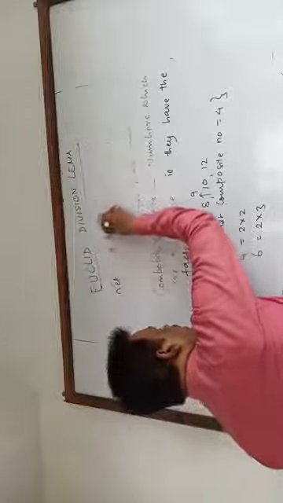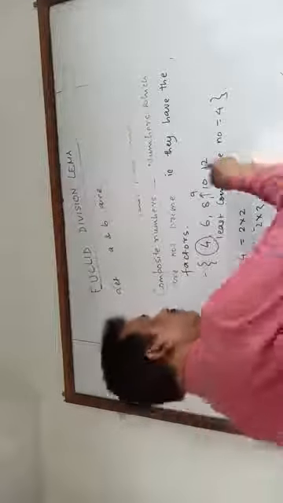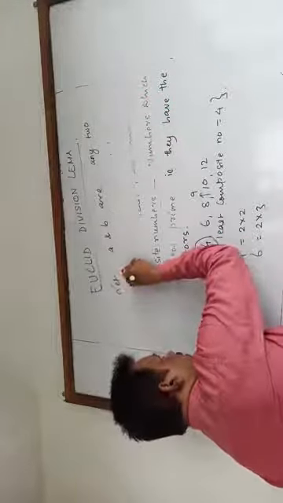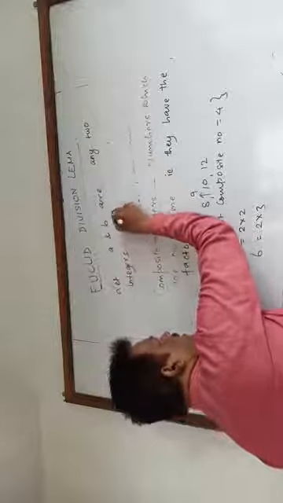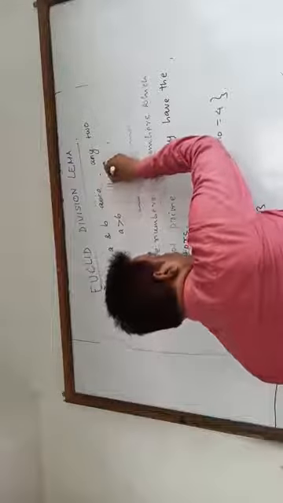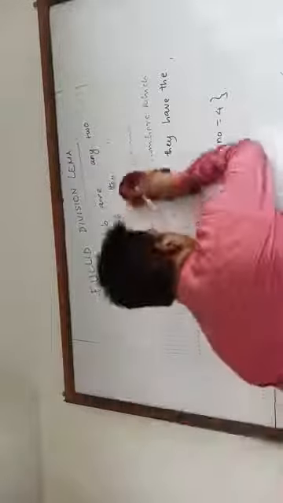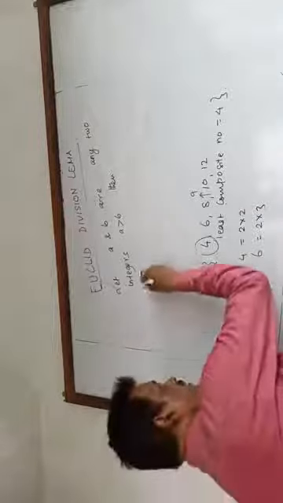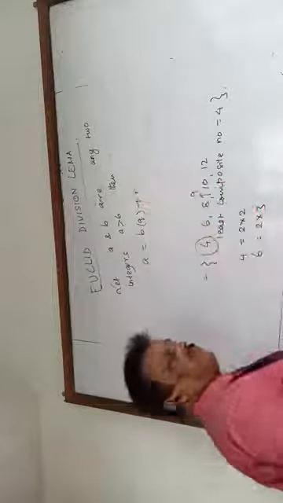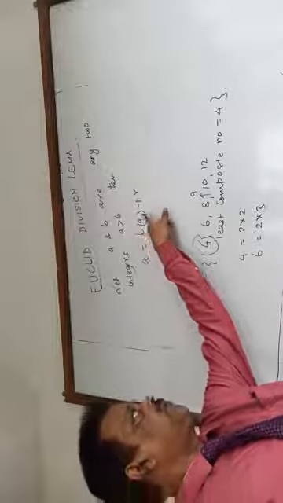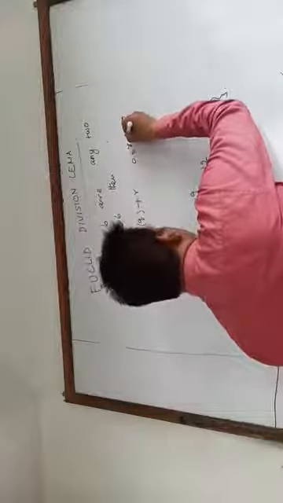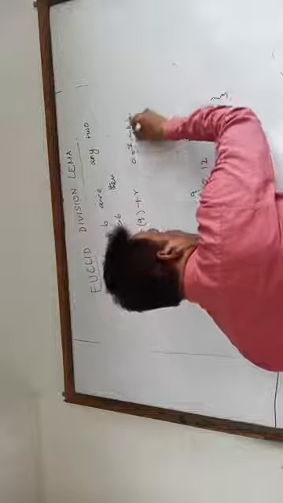Let A and B be any two integers, where A is greater than B. Then we can write A equals BQ plus R, where the value of R is between 0 and B. This is important for you.